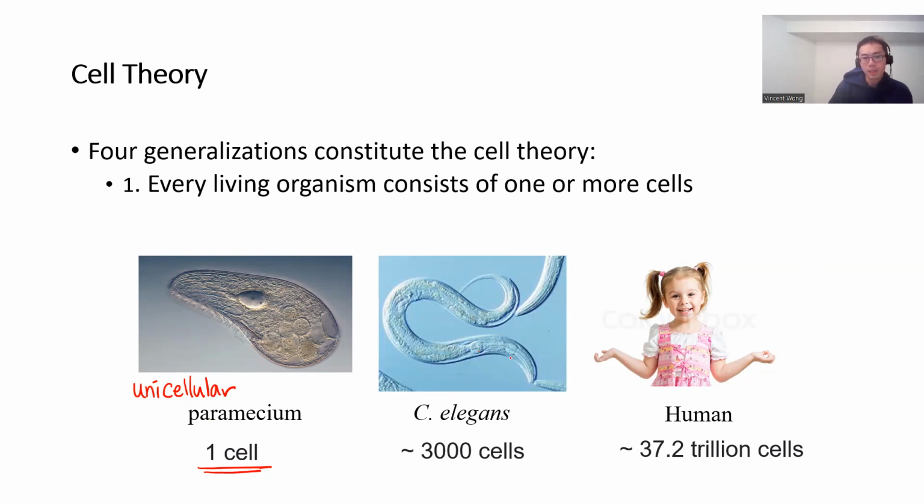Some organisms are small, microscopic. You cannot see them with your naked eye. You have to use a microscope to see them, but they have thousands of cells. So this is called the C. elegans. It's one of the model organisms for research.